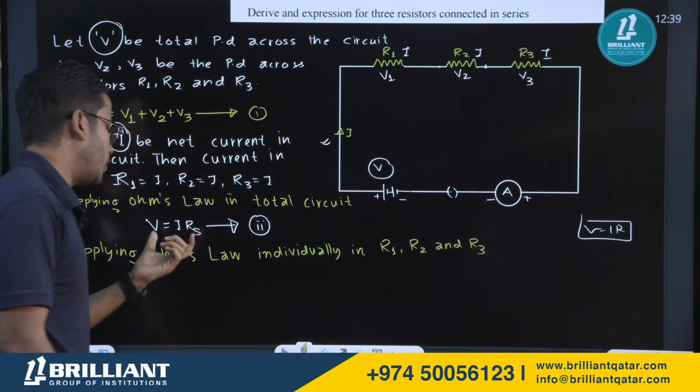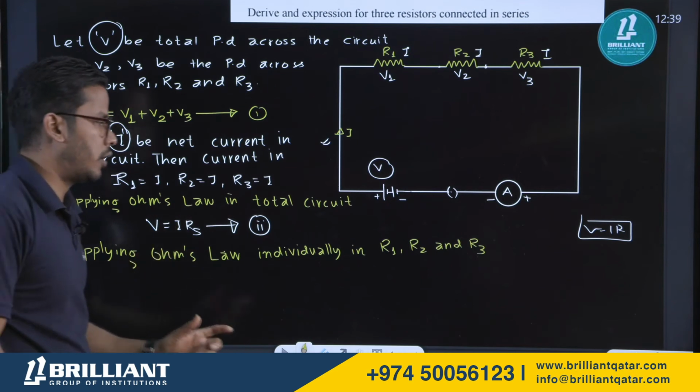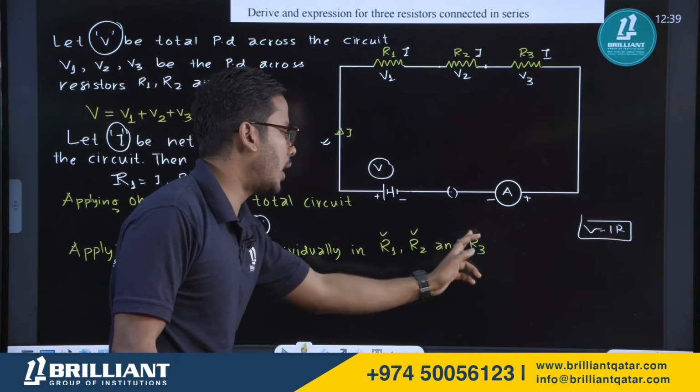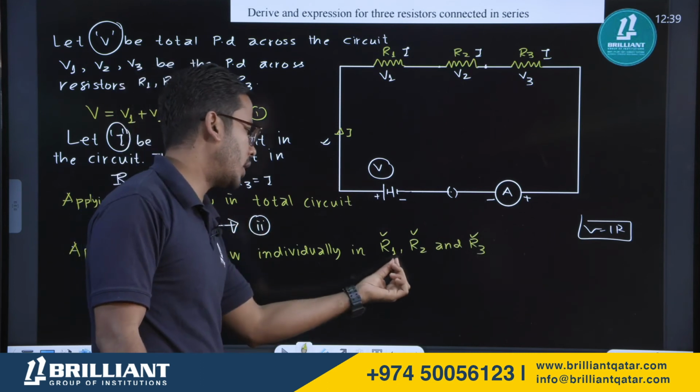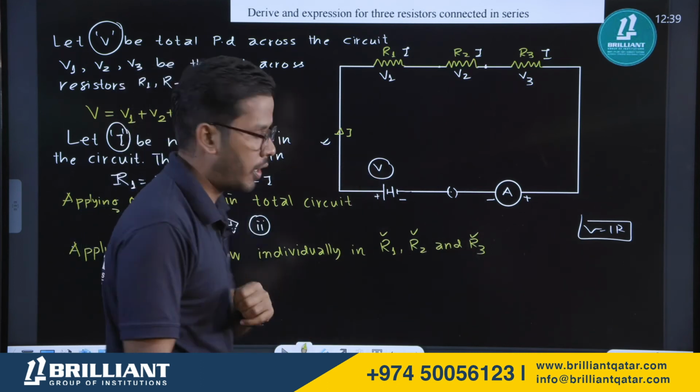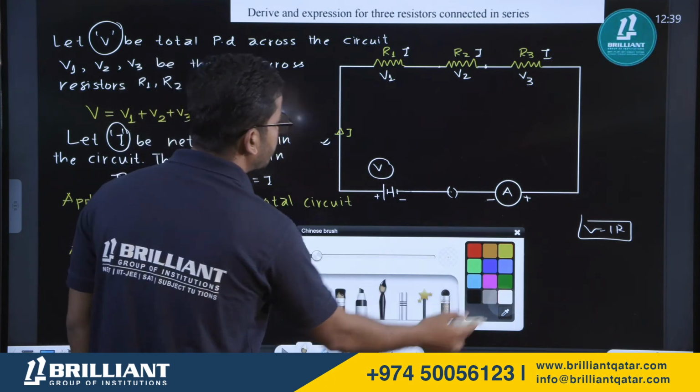There you go. First you applied Ohm's law in the total circuit, all right, then in R1, R2 and R3. So how many times? Total 4 times. So first in the total circuit, then individually in R1, R2 and R3, total 4 times you need to apply Ohm's law. All right, so let me go.